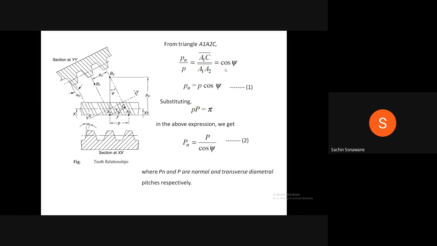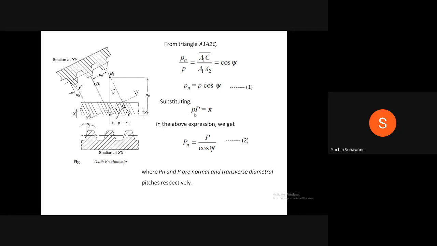Now, substituting small p into capital P equal to pi. This equation is there in the spur gear, where capital P is known as diametral pitch and small p is known as circular pitch. Circular pitch into diametral pitch is equal to pi. This relation is there in the spur gear chapter. Therefore, the same relation we have taken.